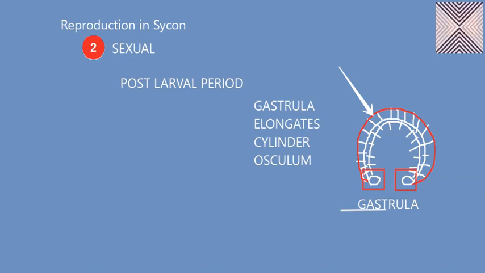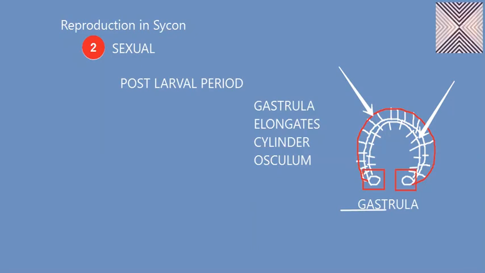So this is the outermost layer of the Sycon. If you remember, the Sycon has 3 layers. The outer was the pinacoderm, the innermost layer was the choanoderm, and the central layer was the mesoglia. So here the outermost layer is forming the pinacoderm. We can also say that macromeres are making the pinacoderm, and towards the inner side the second layer was of micromeres.